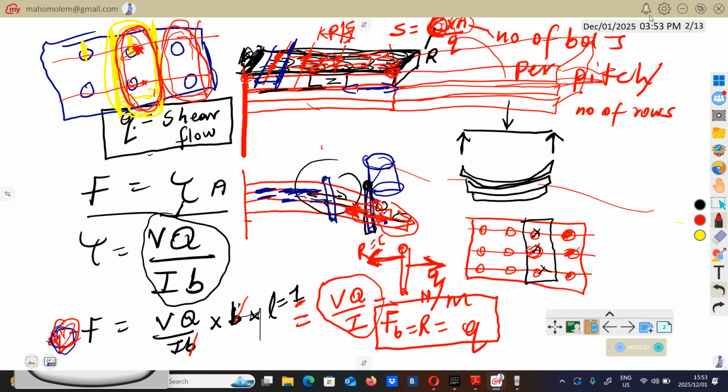Now, this force due to the bending, which is the shear flow, you will calculate it using this. But the resisting force, we are going to use this. Let me shift this thing, let me find the space here, let me erase.